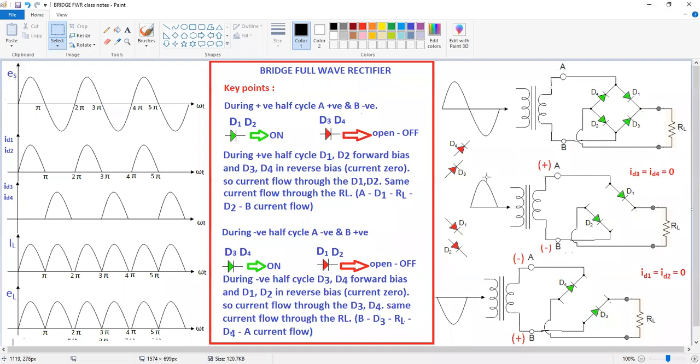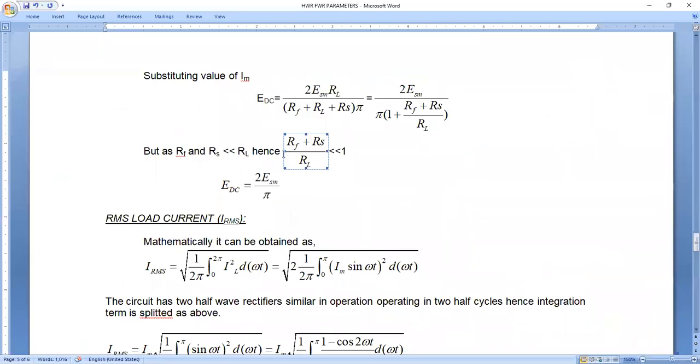Okay. When you are giving the positive half cycle, when you are giving the negative half cycle, 2 diodes are operating at a time and both are connected in series. So that's why we add the resistances, as in a series connection. It is RF plus RF, that is 2RF. Now instead of RF, we are going to keep it as 2RF.